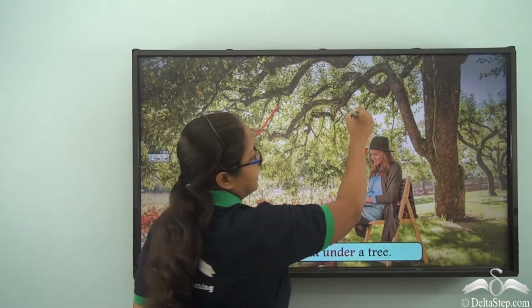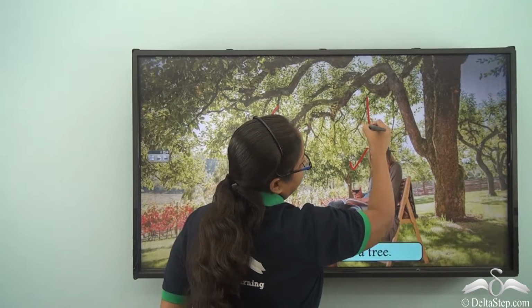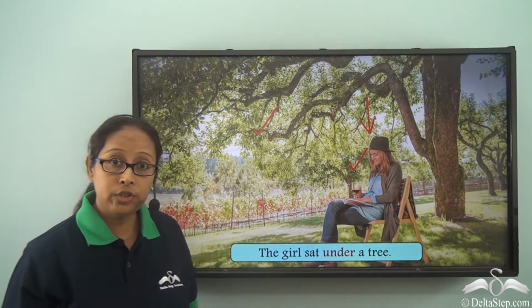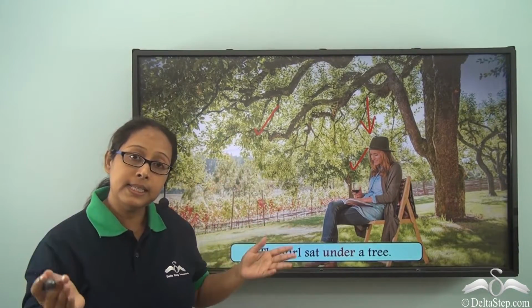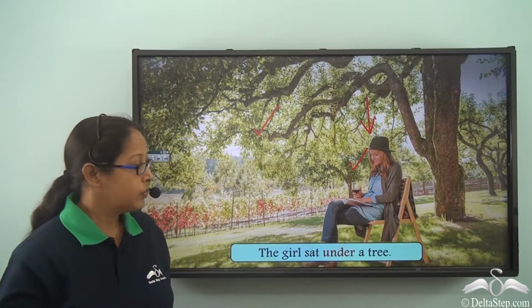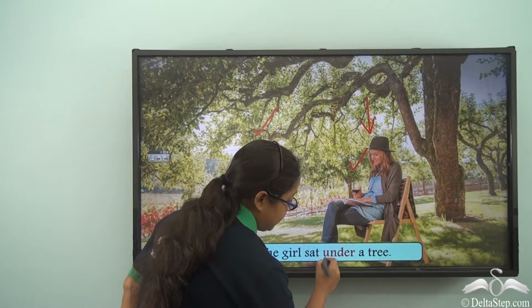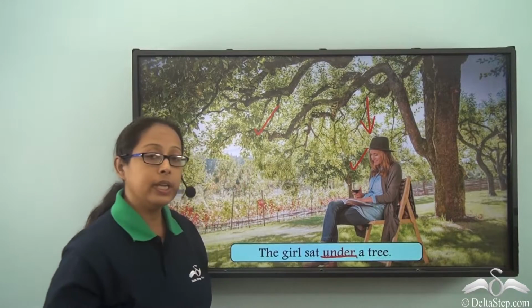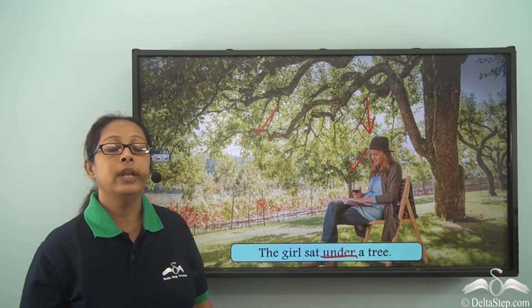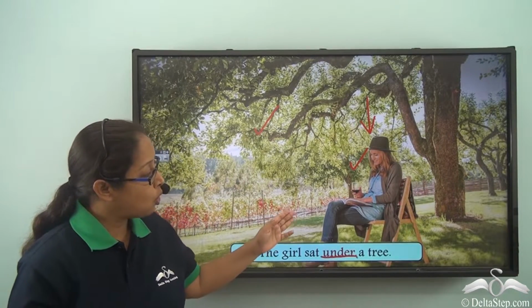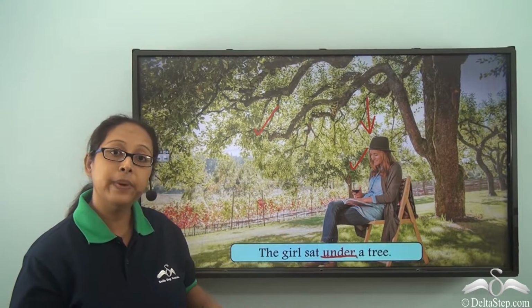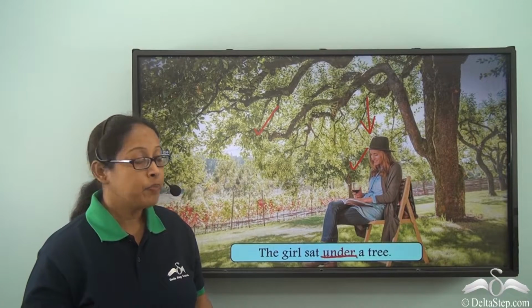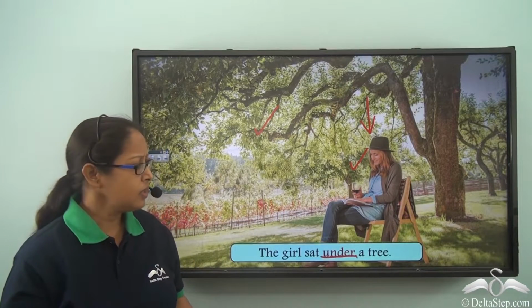So she is sitting directly below the tree and in a way where the tree is covering the girl. So here we are using the preposition under to show where the girl is sitting and that she is being covered in a way by the tree.